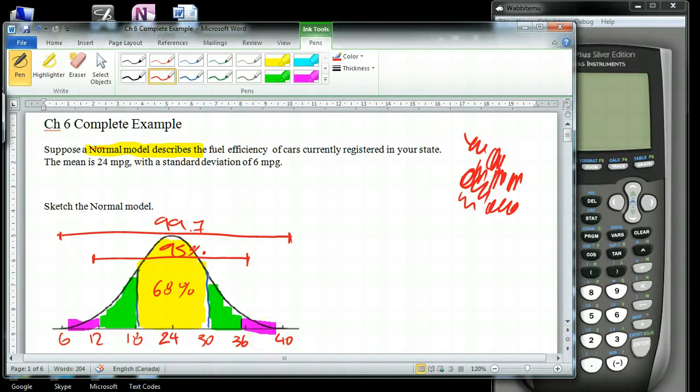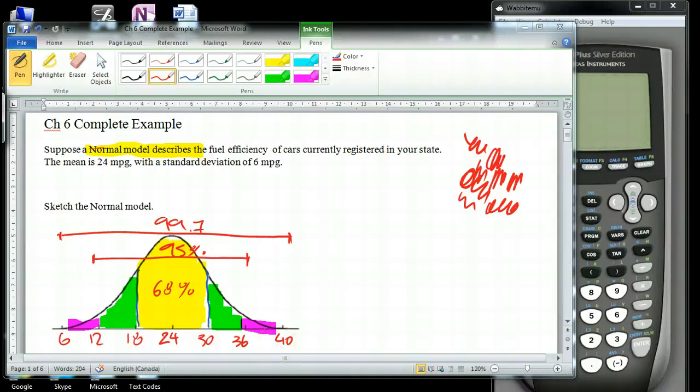To answer this question fully, you would say, according to the normal model, we would expect 68% of the vehicles to have between 18 and 30 miles per gallon of gas consumption. 95% of vehicles would have gas consumption between 12 and 36 miles per gallon, and finally 99.7% of all vehicles would have gas consumption between 6 and 42 miles per gallon.